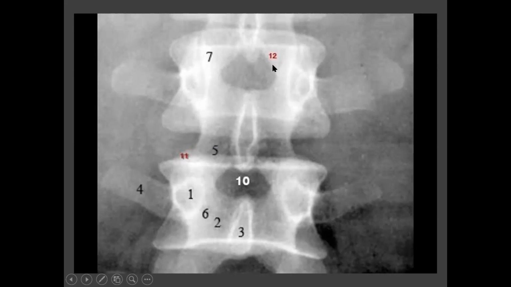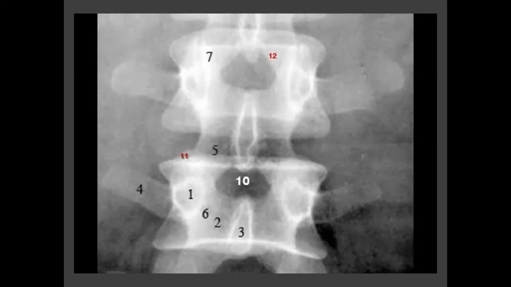And what is this 12? Inferior. So this is an AP view. You have to remember the X-ray is basically like the Tom and Jerry picture: we are making a 3D structure into a 2D structure.